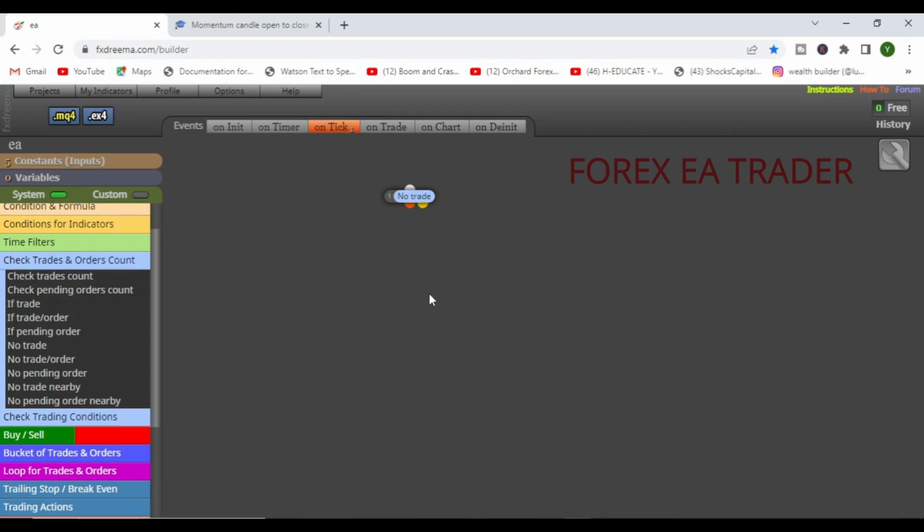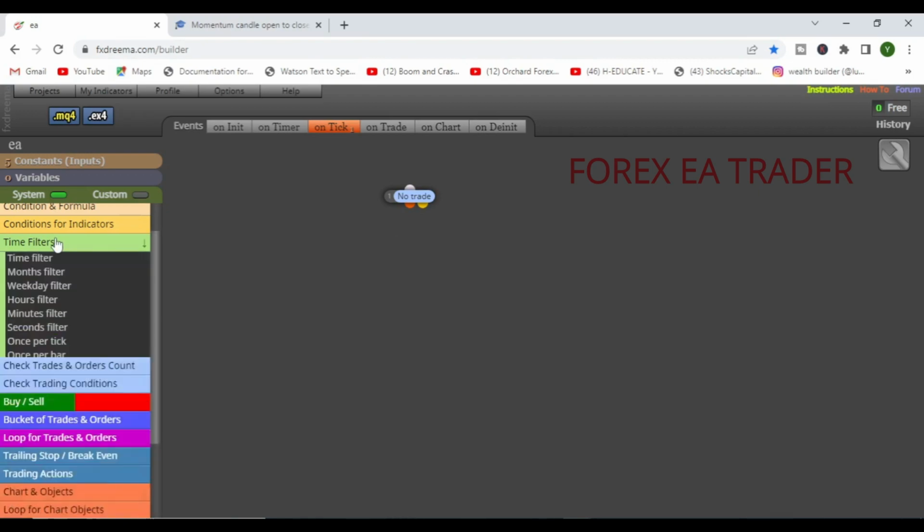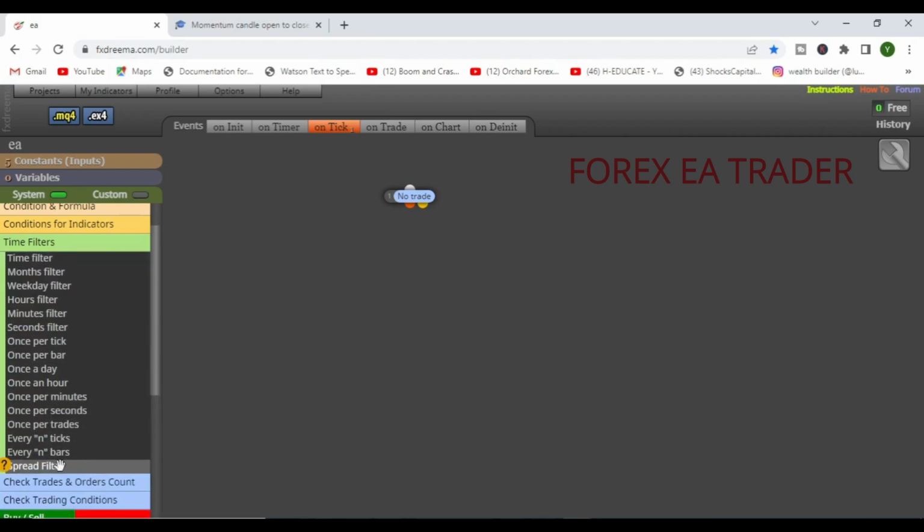We don't want our robot to start placing 1,000,000 trades. So if there is no trade, we are going to add another block which limits our robot to search for signals once per bar, because we don't want this robot to continuously take 1,000 trades. You can use either of these blocks, I believe, but I just use them in any case.